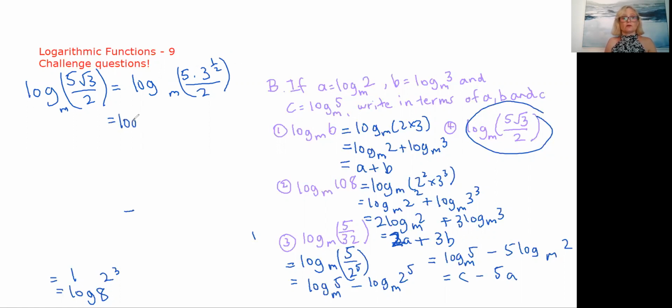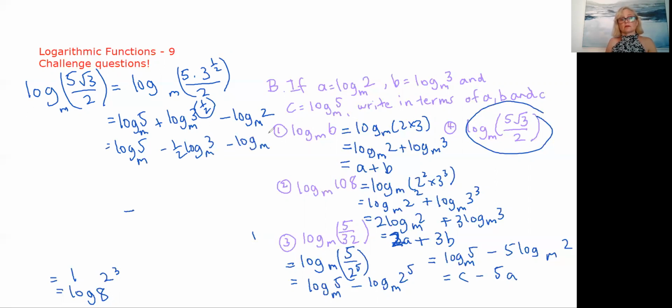So we're going to have log of 5 to base m plus log of 3 to the half to base m, and we're going to subtract what we're dividing by. This can come out the front as a multiplier. And finally, this was our C, this was our B, and this was our A.